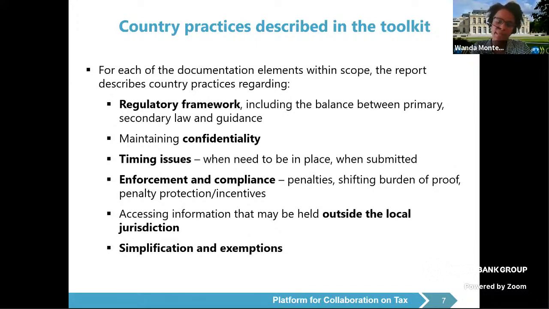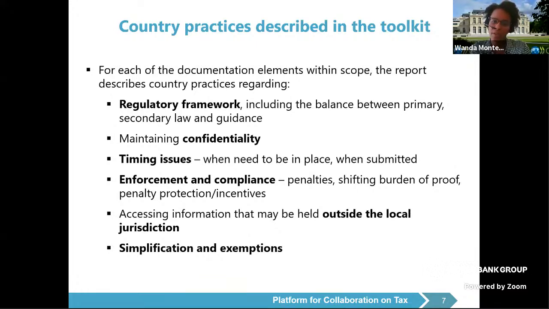Enforcement and compliance, the different mechanisms put in place by jurisdictions, such as penalties for late filing or no filing of documentation, shifting of the burden of proof, or penalty protection or incentives that can be provided to encourage taxpayers to give consideration to the provisions in the law.